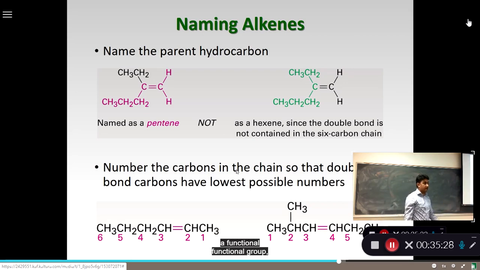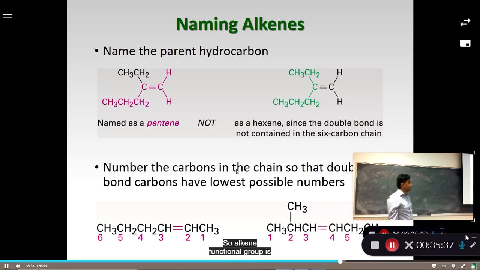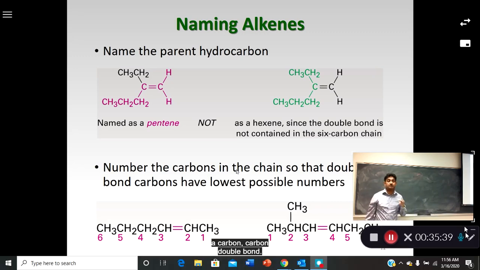A functional group is an atom or a group of atoms that behave similarly during reactions, okay? So we call them functional groups. The alkene functional group is a carbon-carbon double bond. So for this functional group, you have two carbons involved, right?